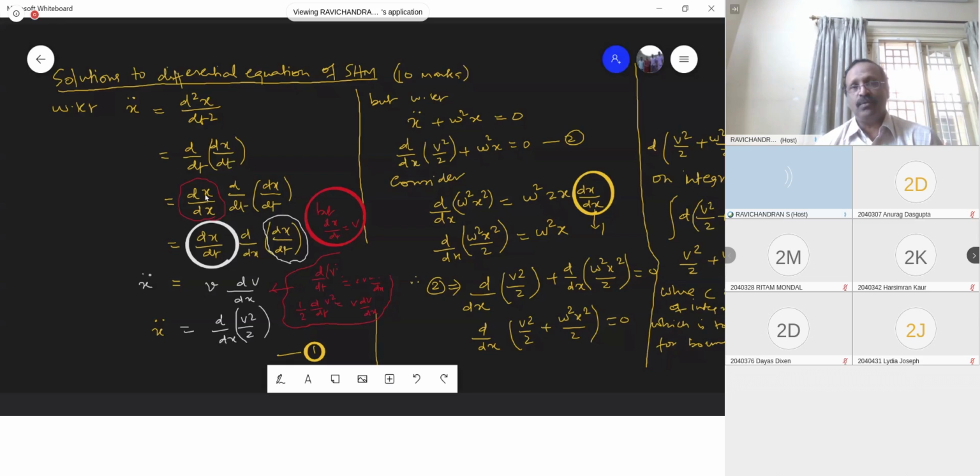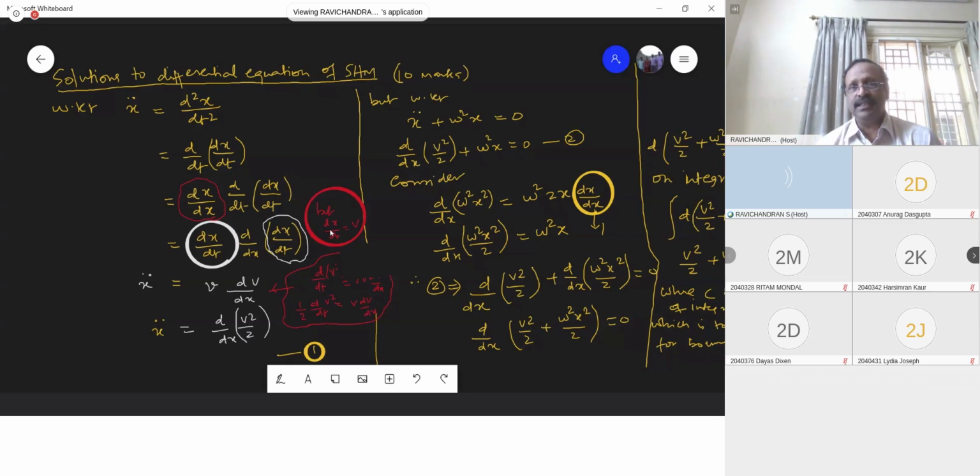And why have I done dx by dx? Because I want to apply some simple mathematics so that I can reduce the equation. Dx by dx, so that these dx are interchangeable. I can change the variable, put it here, and this variable I can take here. Dx by dt, d by dx, dx by dt, I can write.